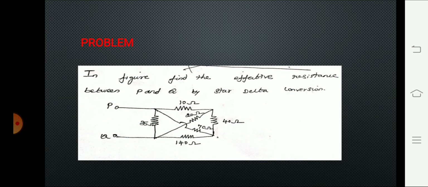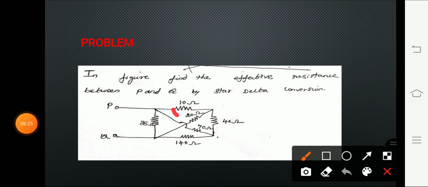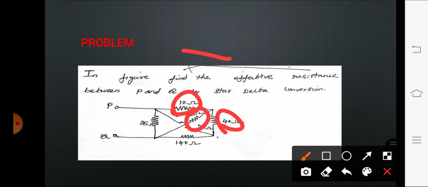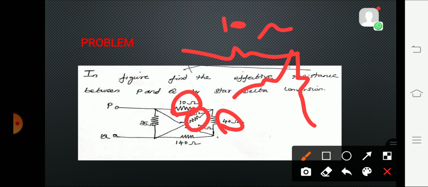And the next problem: in the figure, find the effective resistance between P and Q by star delta conversion. In this problem, first we redraw the diagram. The 10 ohm, 40 ohm and 20 ohm are connected in a star connection. This is a 10 ohm, this is a 40 ohm and this is a 20 ohm.